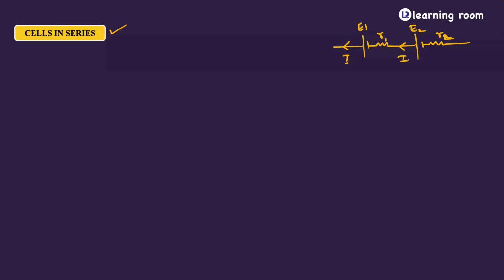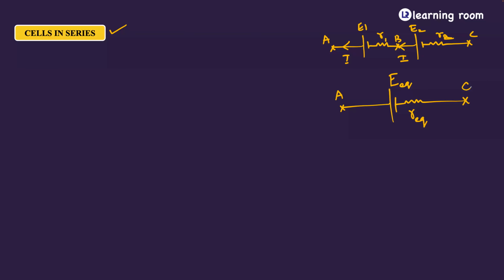Right. So if I take this point to be A, this is B, and this point to be C, what I need to do is replace these two cells with internal resistances with a new cell and internal resistance, which I call E equivalent, and here you will call it R equivalent, which I will take between A and C. Is that point clear?